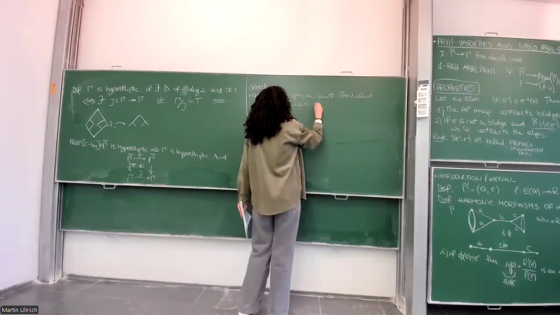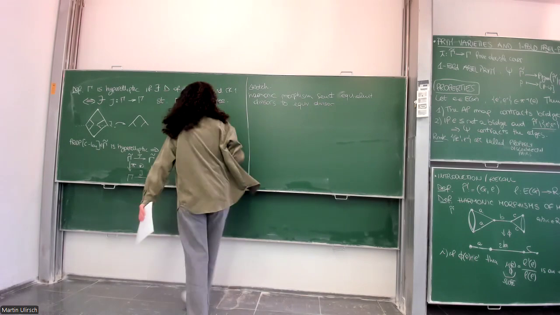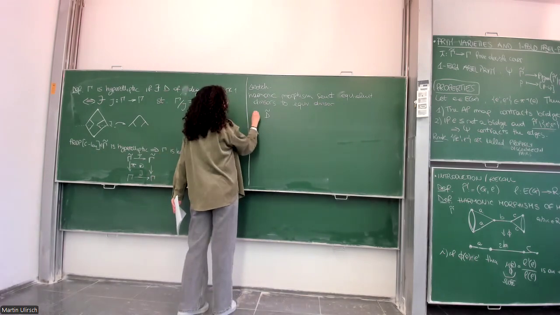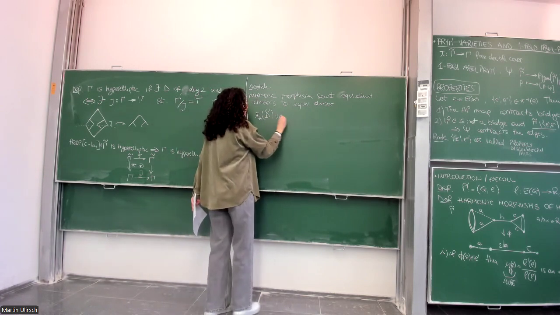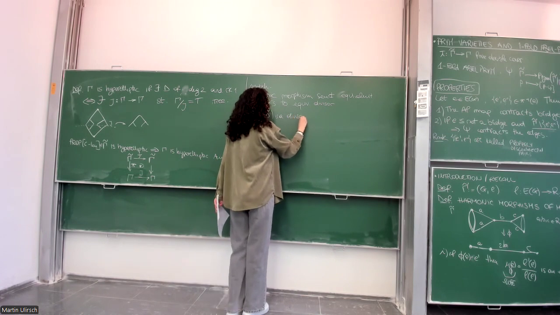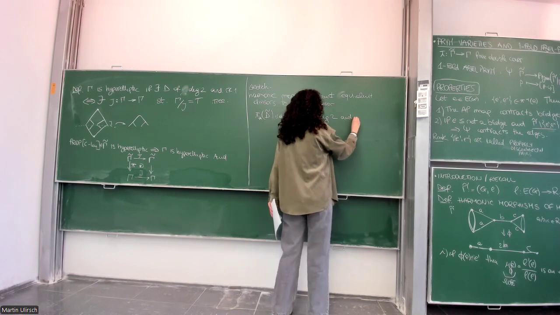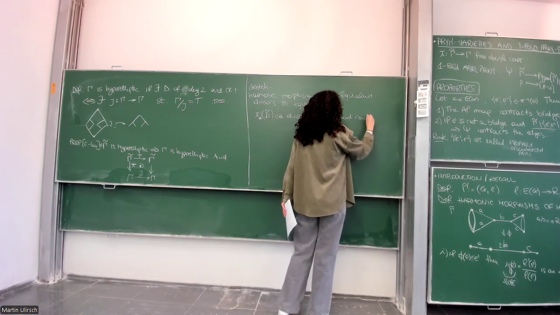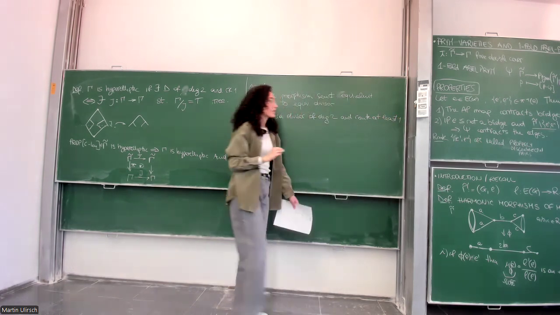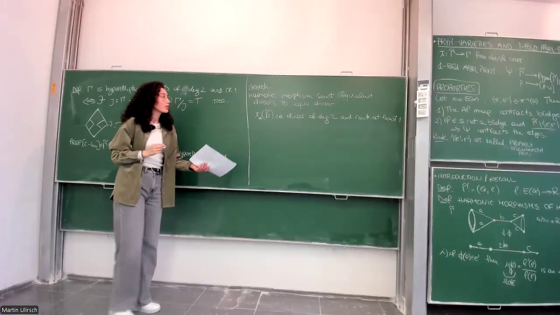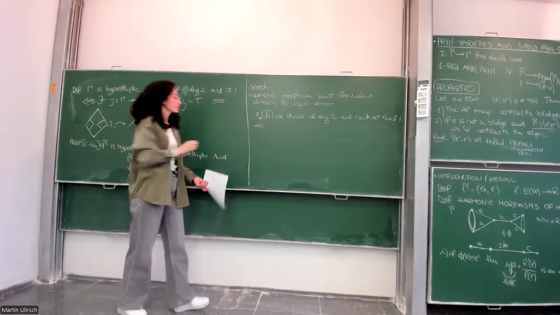So if we assume that on gamma tilde we have a divisor D tilde, and we consider the push forward, this is a divisor of degree 2 and rank at least one, and then by tropical Clifford we get that it has to be exactly 1.